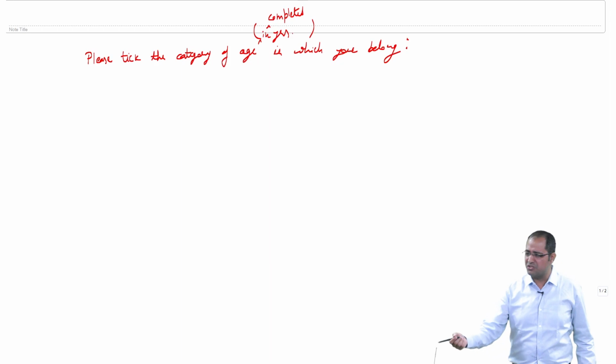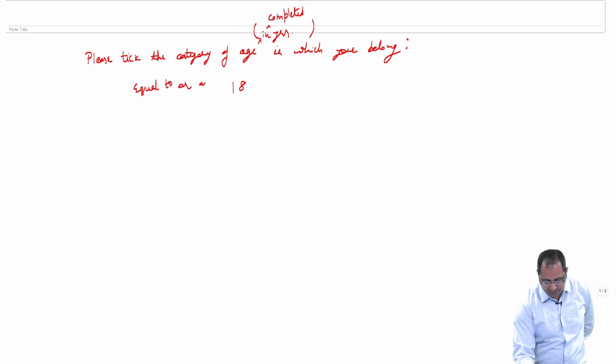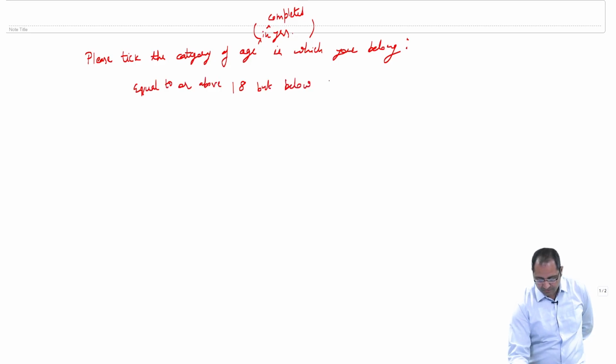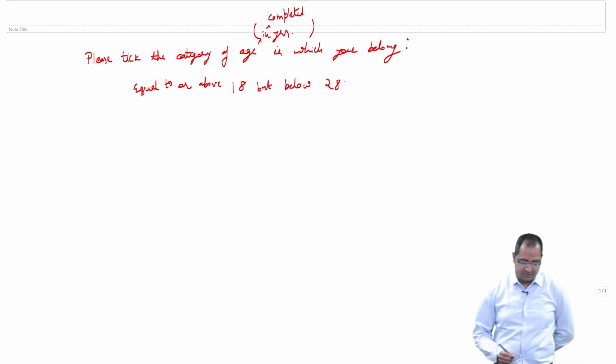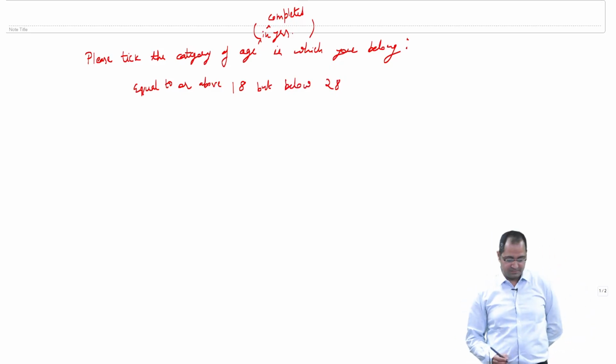Then you write the age categories. So what is the first one? Equal to or above 18 but below 28. Okay, what is the next one?